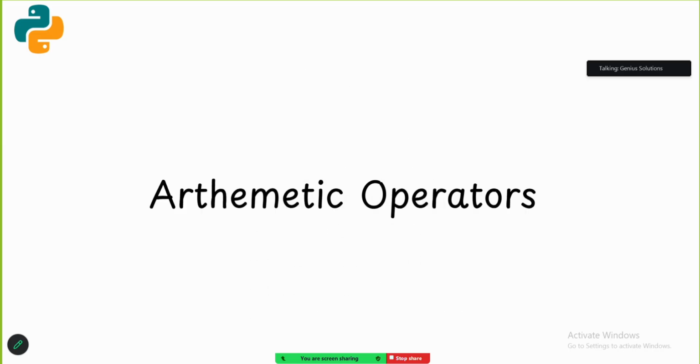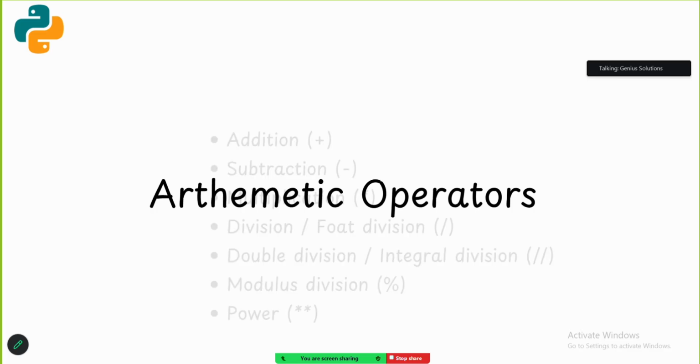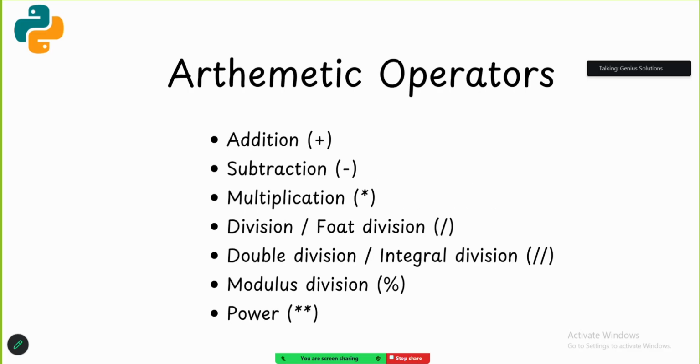So first one is arithmetic operators. Arithmetic means mathematical operations. What are the mathematical operations that we use in our daily life? Those are addition, subtraction, multiplication, division, and power. We have 3 types of division here. First, we will discuss each of them.